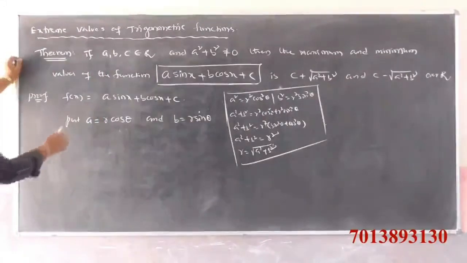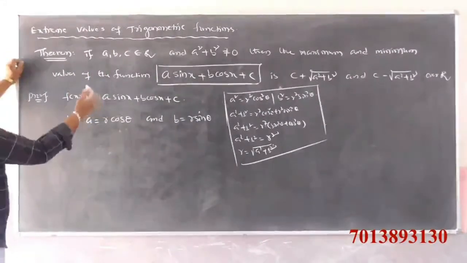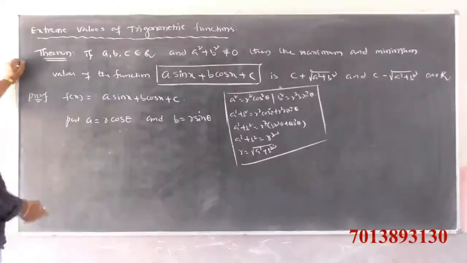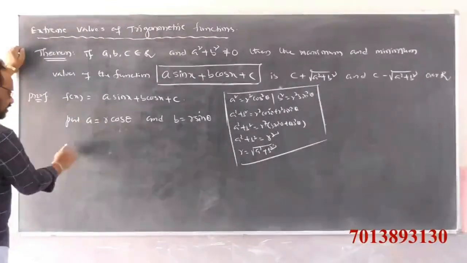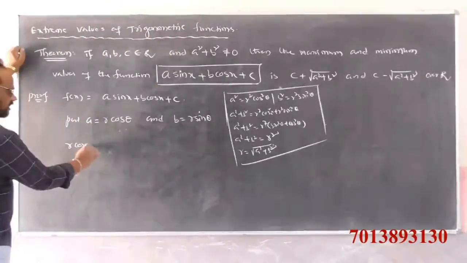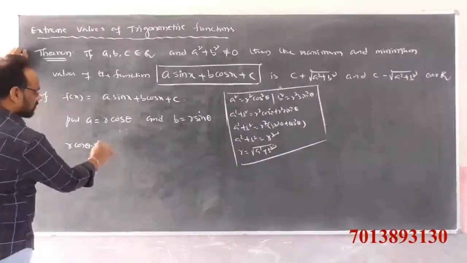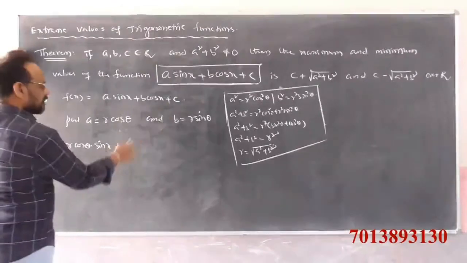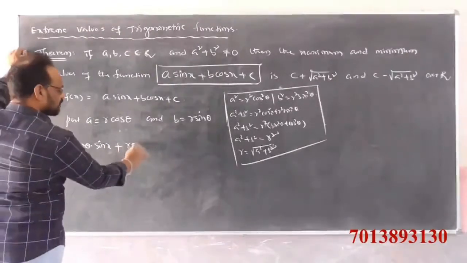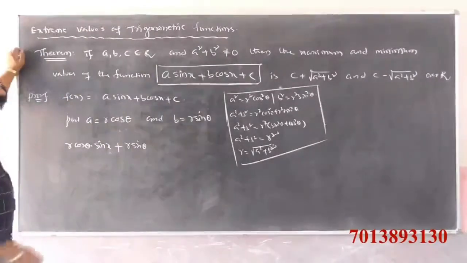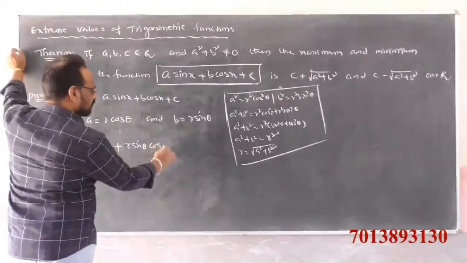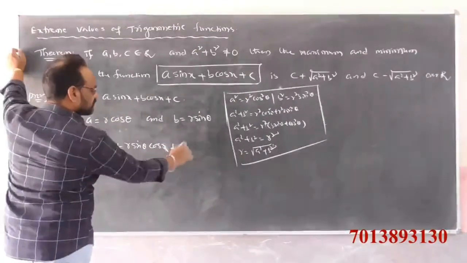Observe here, f of x equals a sin x plus b cos x plus c. If you put a value R cos theta, we get R cos theta into sin x, plus b value, clearly R sin theta into cos x, plus c.